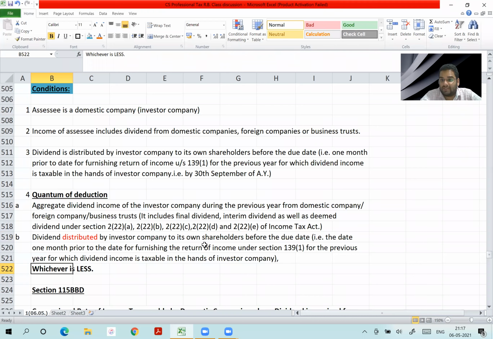So I will see, as the government, who is the final enjoyer of the dividend. That is the logic behind the section. Let me give you simple figures and try to explain this section. As a domestic company, Pratik Neve Private Limited, I received a dividend of 40 lakh rupees in financial year 2021.